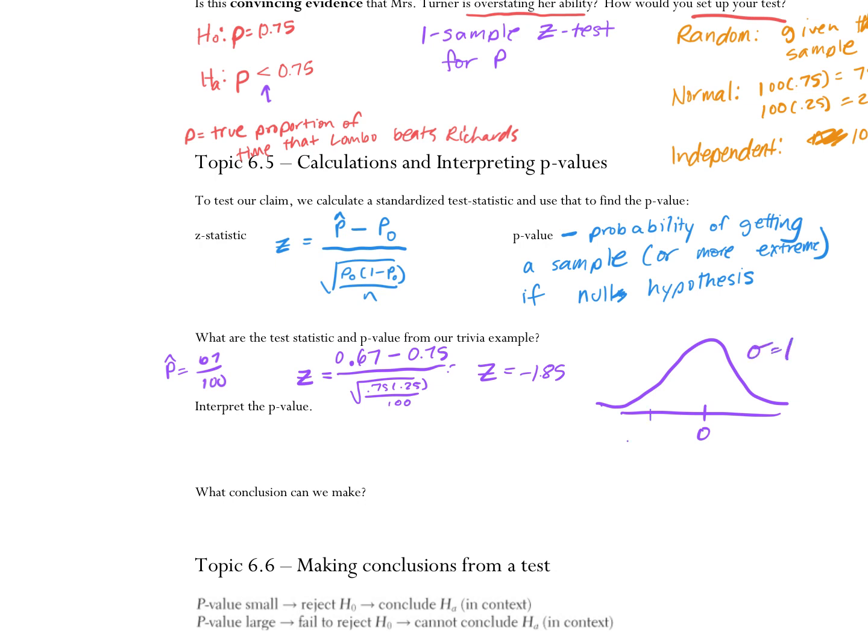And so really, if I want to know how weird it is, I could just find the area to the left of negative 1.85 on the z distribution. And that value, that probability, whatever that area is, is your p-value.